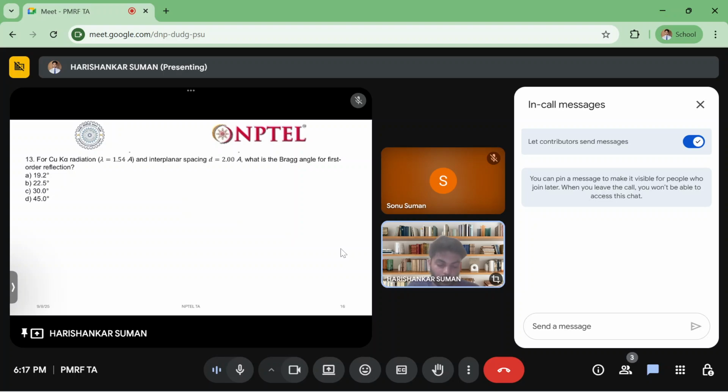Next question: for copper K alpha radiation, lambda equal to 1.54 angstrom and interplanar spacing d equal to 2 angstrom, what is the Bragg angle for the first order reflection? You can take 5 minutes for this question, but please solve it.